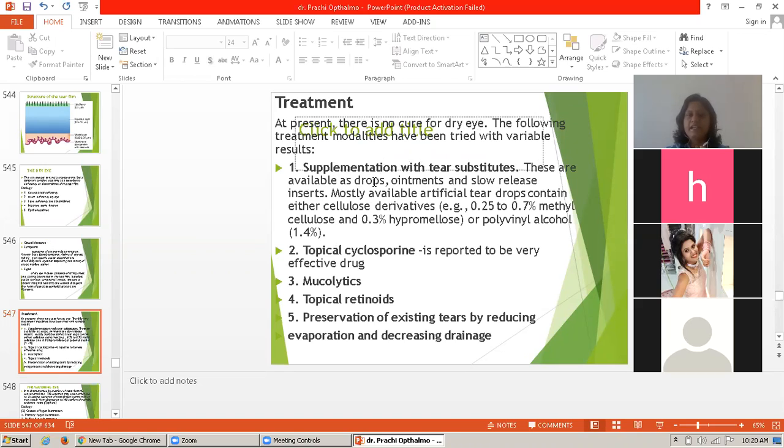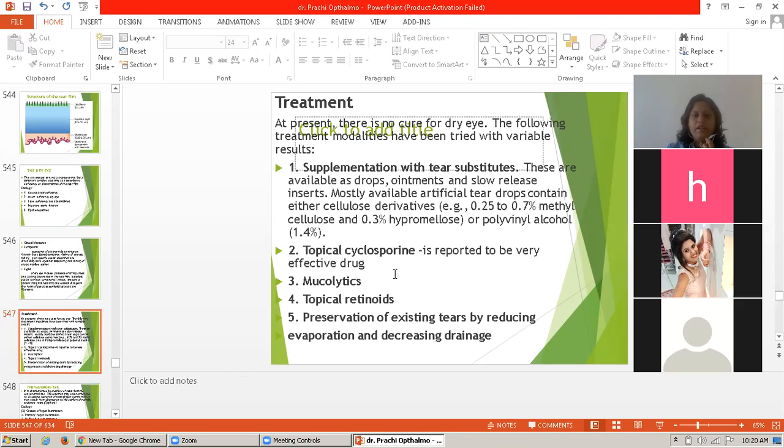These are available as drops, ointment, and slow-release inserts. Mostly available artificial tear drops contain either cellulose derivatives, for example 0.25 to 0.7% methylcellulose and 0.3% hypromellose, or polyvinyl alcohol, that is 1.5%.